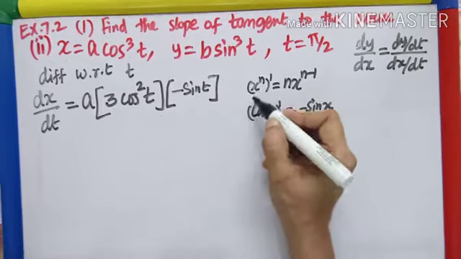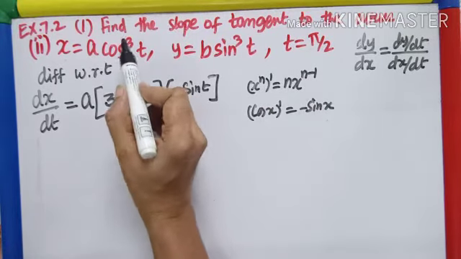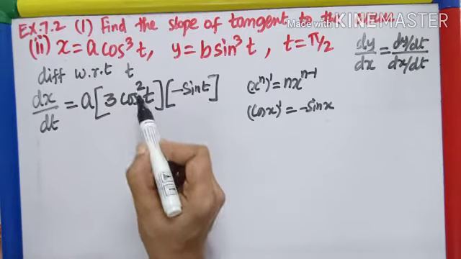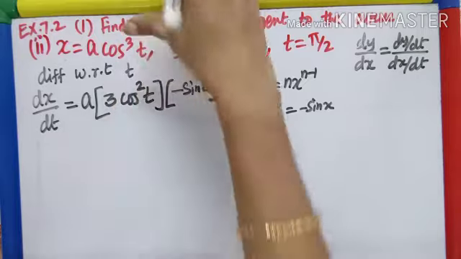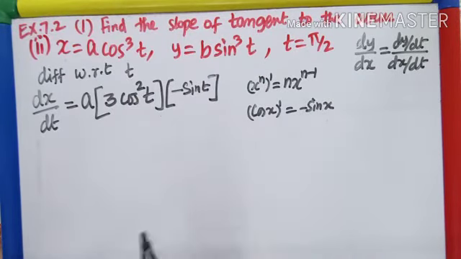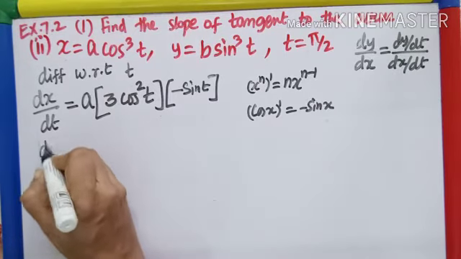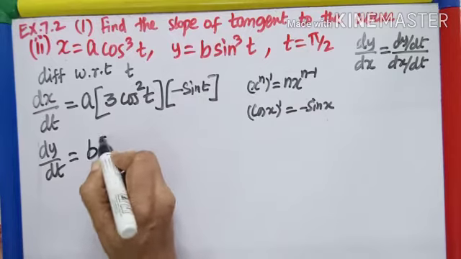So, first x power n will become n x power n minus 1: 3 cos power 3 minus 1 of t. Then hide the power 3, cos t will become minus sin t. Similarly, dy by dt. Keep b as it is.